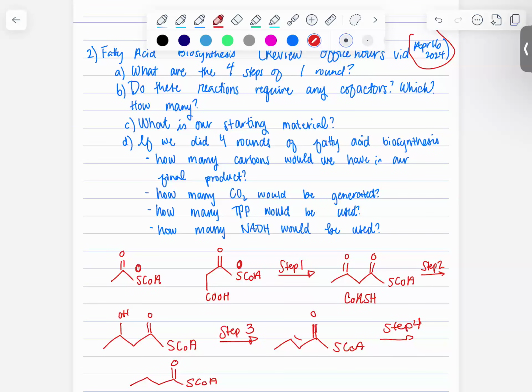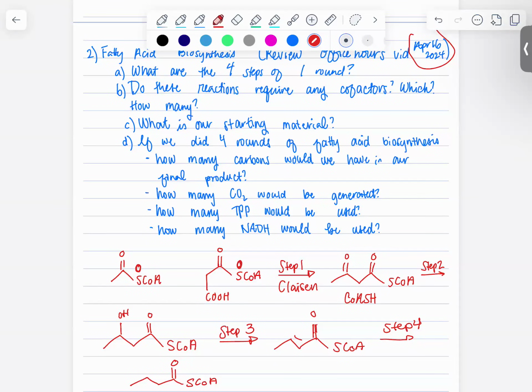If I replaced those sulfurs with oxygens, is it easier to recognize now? What is it? Claisen. We have become very accustomed to just doing Claisen reactions with esters, but we could also do them with thioesters, as we see here.